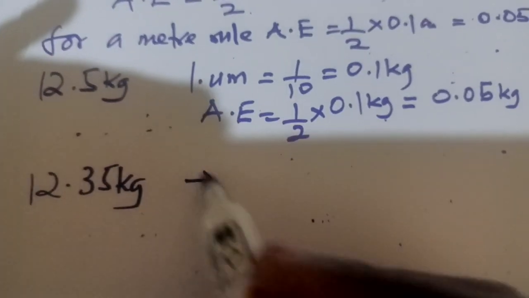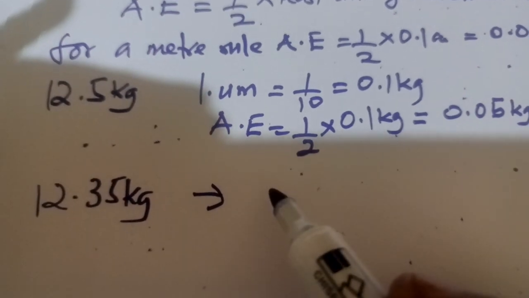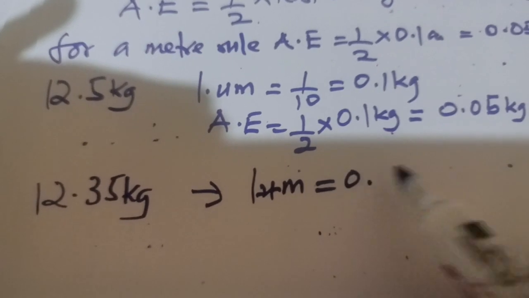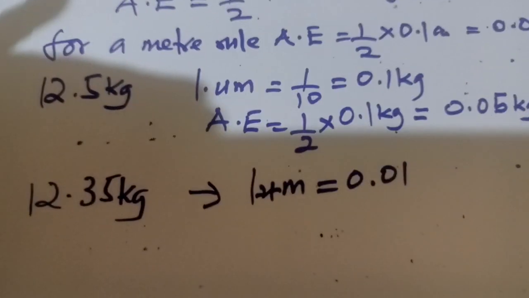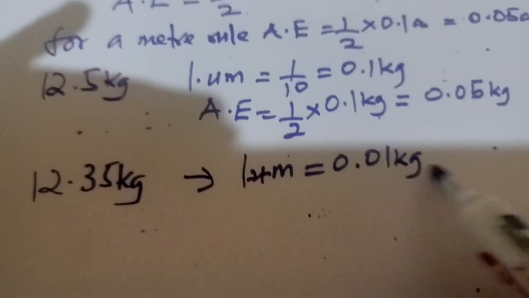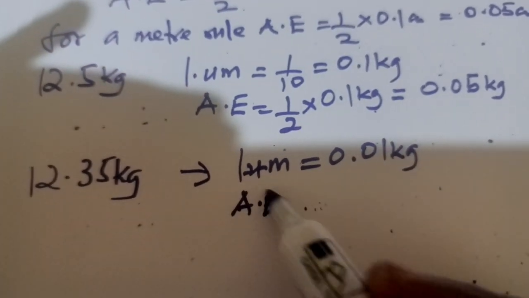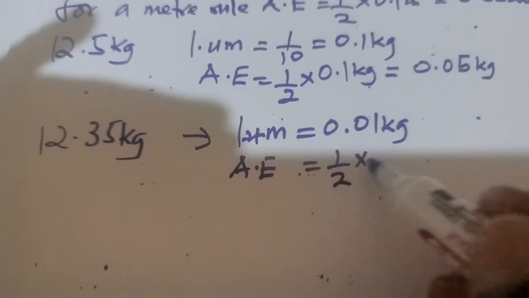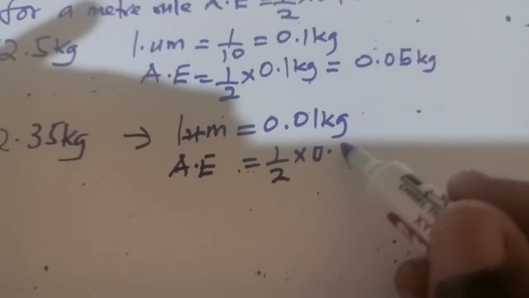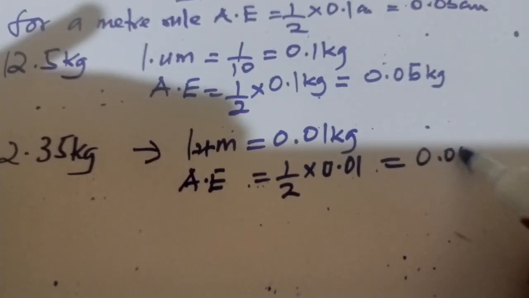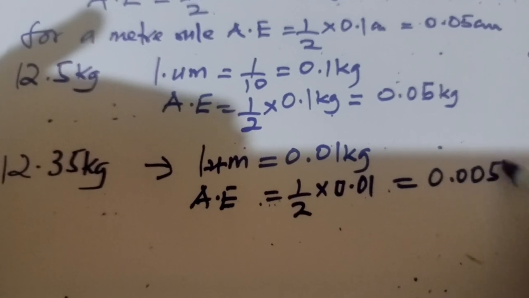So in this case, when we have 12.35, the least unit of measurement, LUM, is 0.01, 1 over 100 of a kilogram. And using this to get the absolute error, the absolute error in a measurement of 12.35 kilogram is a half of the least unit of measurement, which is 0.01, and that gives you 0.005 kilograms.